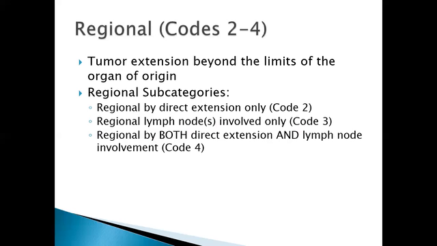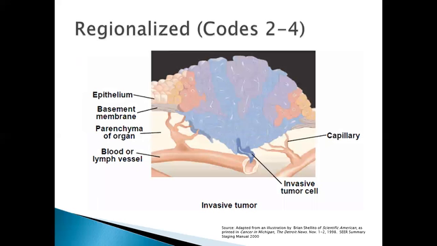Clinicians may use some terms differently than cancer registrars. Therefore, it is important to understand the words used to describe the spread of cancer and how they are used in staging, which we'll talk about in a moment. This is an illustration demonstrating the different ways in which a tumor can travel.